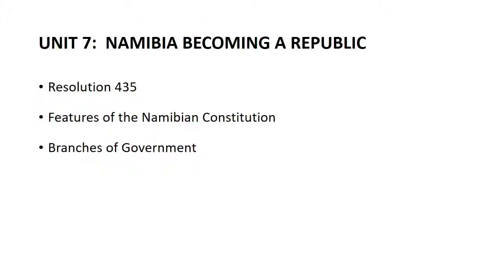Unit 7, here we should focus on Namibia becoming a republic, with the first point being Resolution 435. This peace plan that was proposed for the Namibian liberation came with many demands.